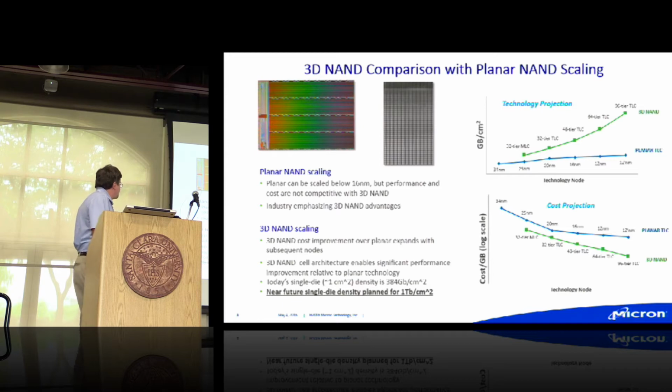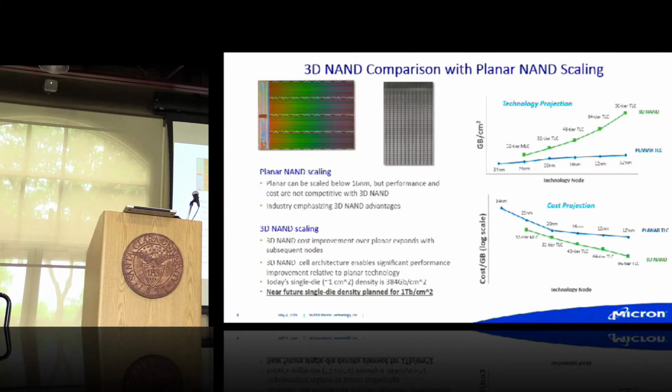So this is really interesting, right? So today, again, a single die, a little bit bigger than a square centimeter is 384 gigabits per square centimeter. So how many square centimeters to a square inch? Do the math, 6 and change. So we are over the 2 terabit per square inch mark right now, right? With TLC, right?